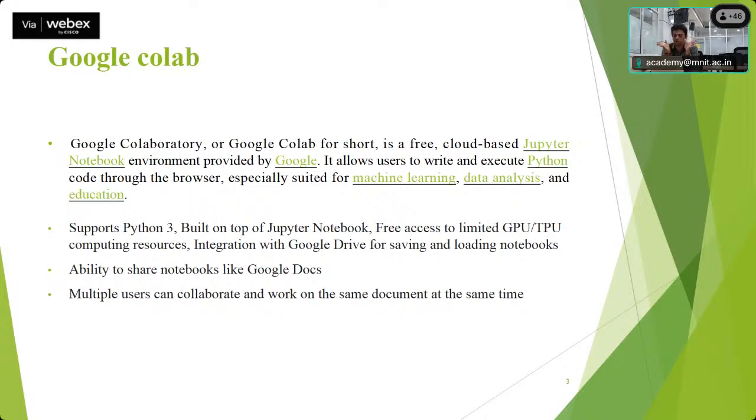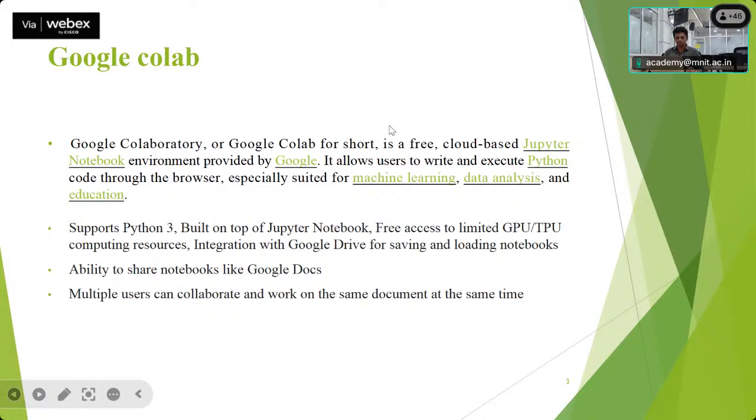Google Colab is a free cloud-based service where you can open the Jupyter notebook environment. A notebook is nothing but a file where you can write your code. It allows users to write and execute Python code through a browser, especially suited for machine learning and data analysis. So it is a very good environment to work in.